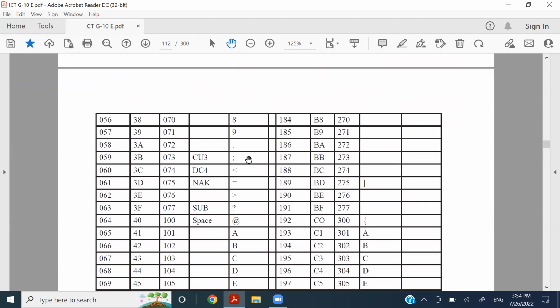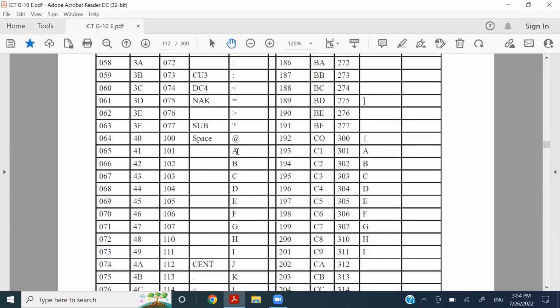And if you go further, you will find the letters in capitals. The capital A represents the decimal value 65.